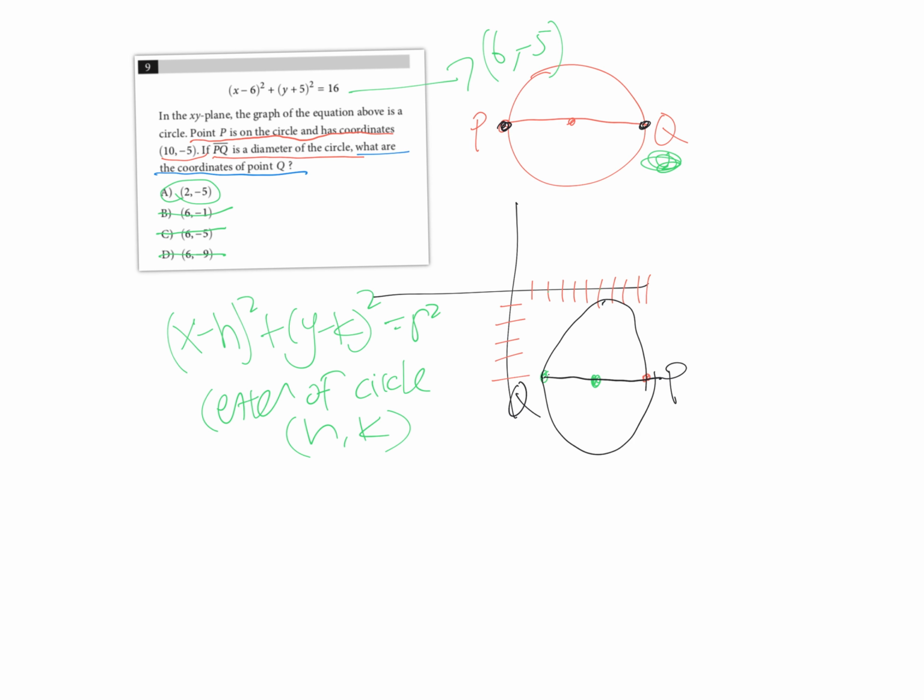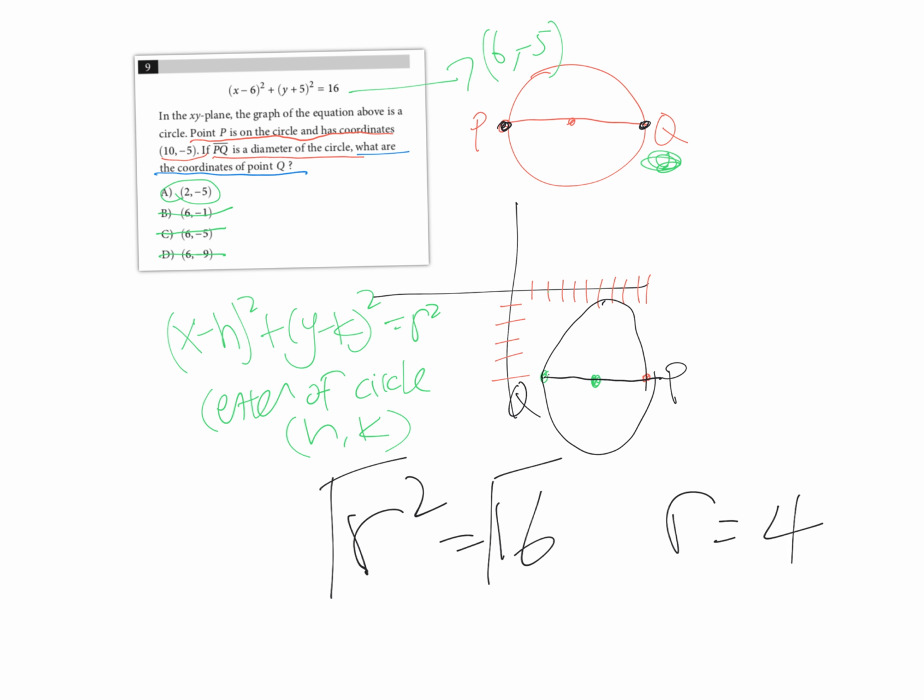In this problem, r² was equal to 16. If I take the square root of both sides, I know r is equal to 4. That means my radius was 4. We can further demonstrate this on the graph. If you remember, the radius goes from the center of the circle to the edge.